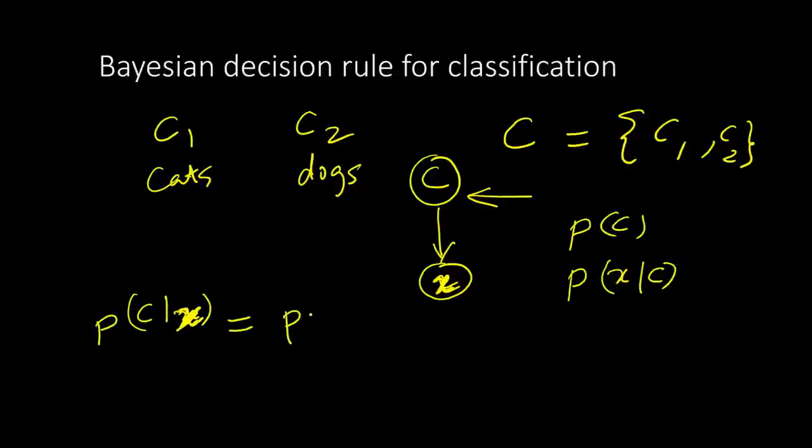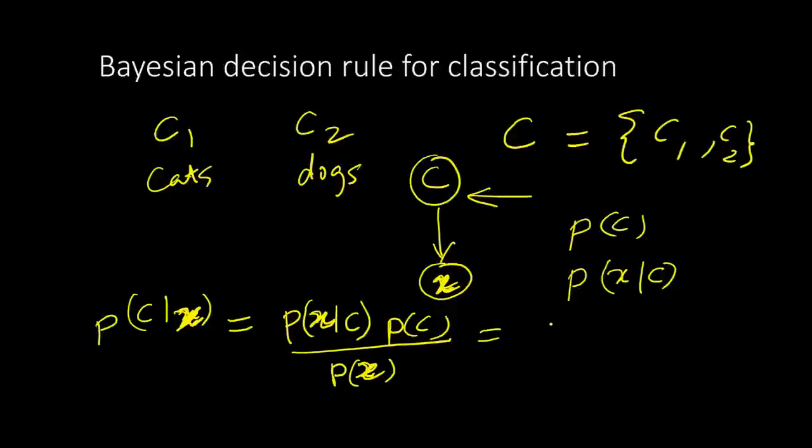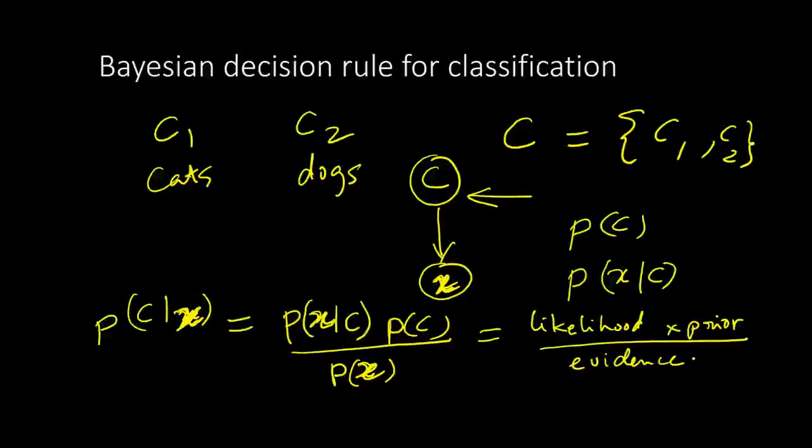It is P of X given C times P of C, divided by P of X. In other words, this is the likelihood times the prior divided by the evidence. So what is the evidence? Evidence does not change between class 1 and class 2. It is what is given to us anyway.